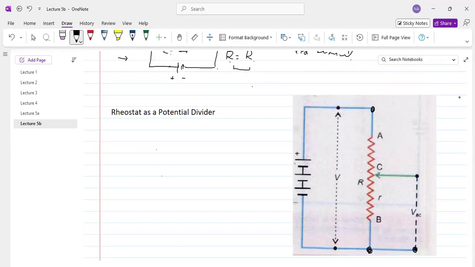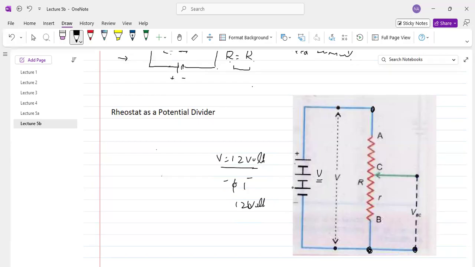Next, suppose we have a battery whose potential difference is V, for example V is equal to 12 volt. Let's suppose we have a battery whose maximum potential difference between its positive terminal and negative terminal is 12 volt. This we call a potential source.